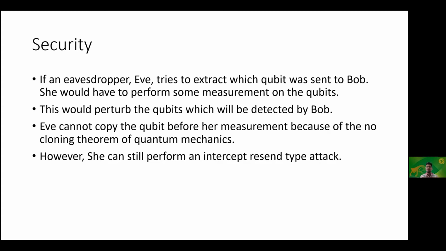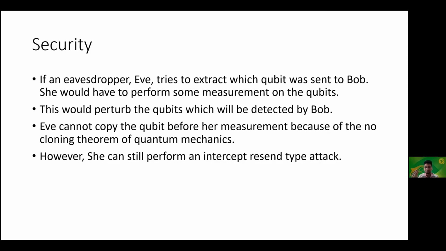To do that, she would have to measure it, because in quantum mechanics you cannot just observe something without touching it or performing a measurement operation. Whenever she tries to measure, detect or observe it, she will end up perturbing the qubit. So the qubit will be changed slightly, and then Bob will be able to detect that something is wrong.